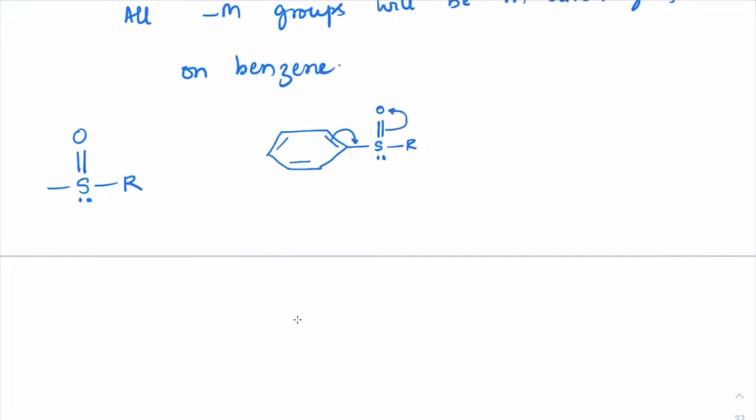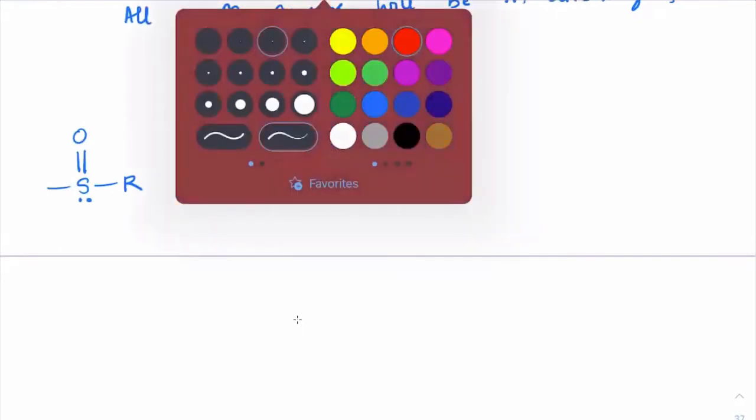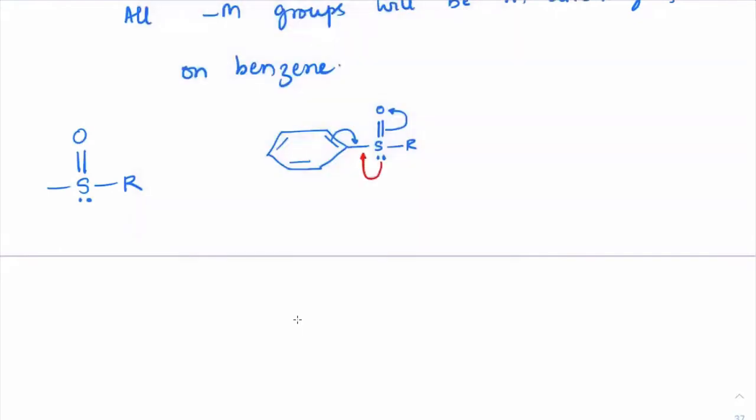That's how it is acting like a minus M group, which is withdrawing group. S double bond OR can act like a minus M group. But at the same time, this lone pair can be donated and this pi bond can shift here and it can give plus M also.